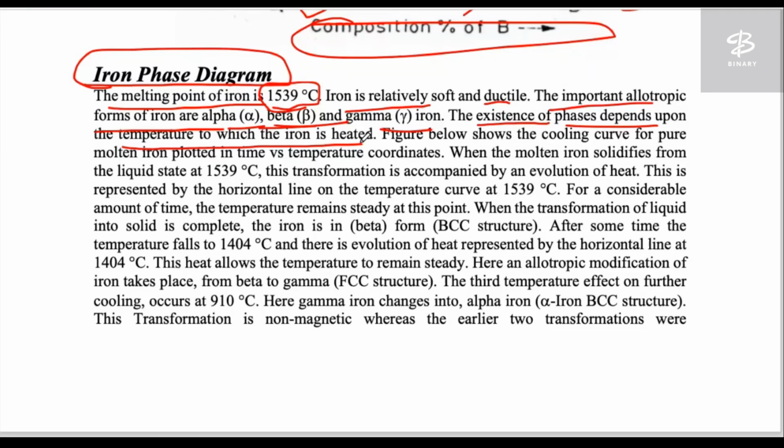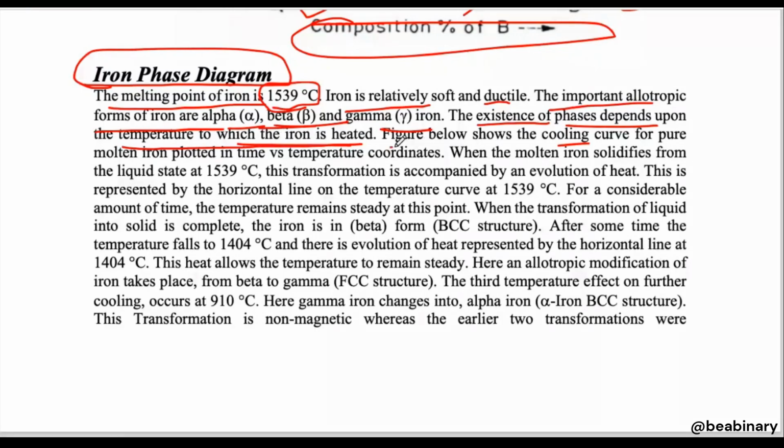If you are raising the temperature, it is heating, and if you are decreasing the temperature, it means you are making them cool down, or it's a cooling process, right? So all these different phases will exist only when you are either heating or cooling. It's just the temperature which plays an important role.